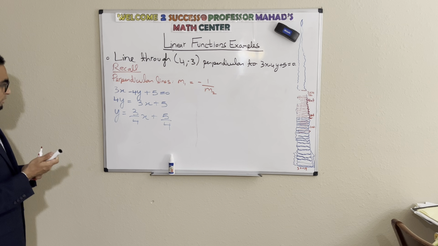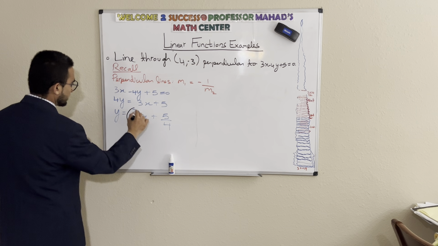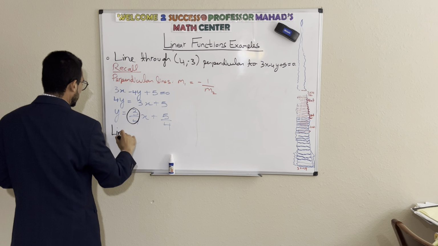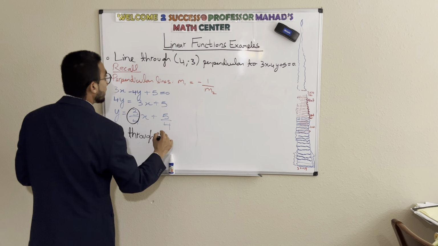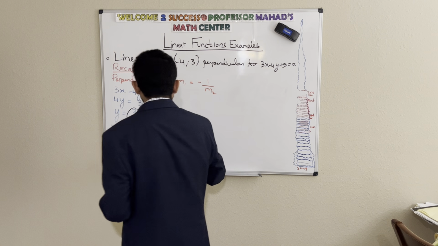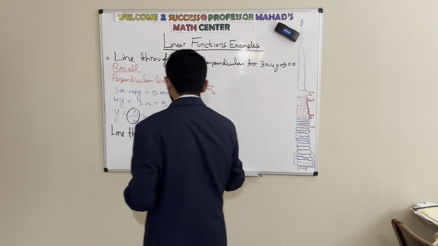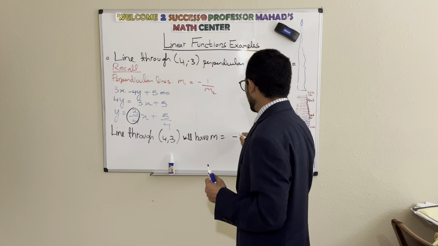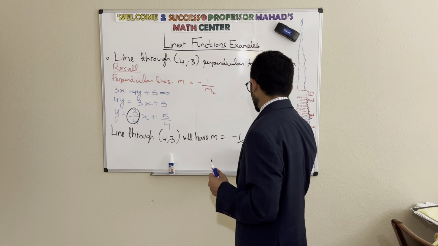So the gradient of this line is 3/4, but the line perpendicular to it will have gradient of -1 over 3 by 4, right?